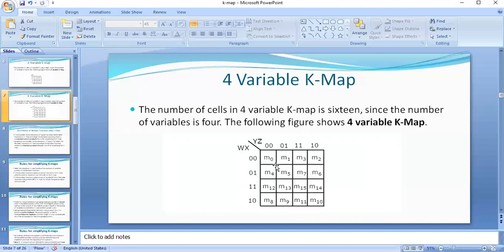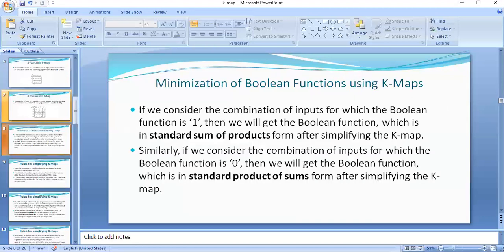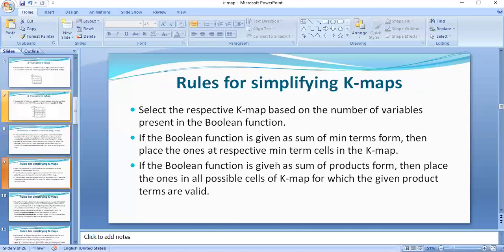I will discuss the 5 variable K-map in the next session. Next, what are the rules to minimize a given function using a K-map?